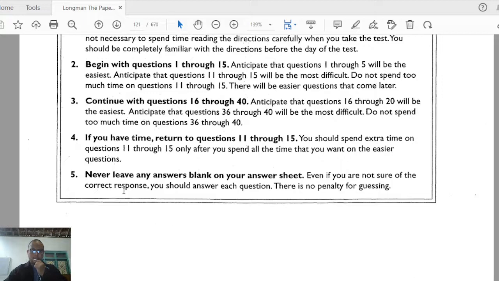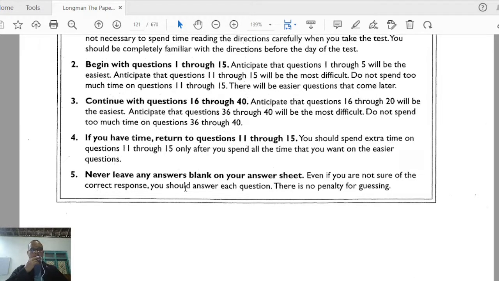Ya, jadi kalau kita masih punya waktu lebih ya, kita bisa kembali lagi untuk melihat pertanyaan-pertanyaan antara 1 sampai 15 ya, apakah memastikan kita itu udah benar apa belum ya. Tapi setelah kita udah yakin dengan pertanyaan yang gampang-gampang tadi, dari antara 1 sampai 15 sama 16 sampai 20 ya.